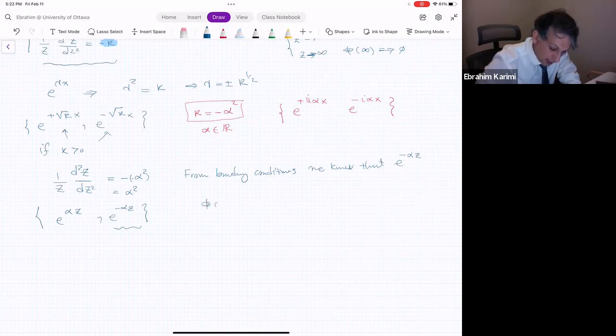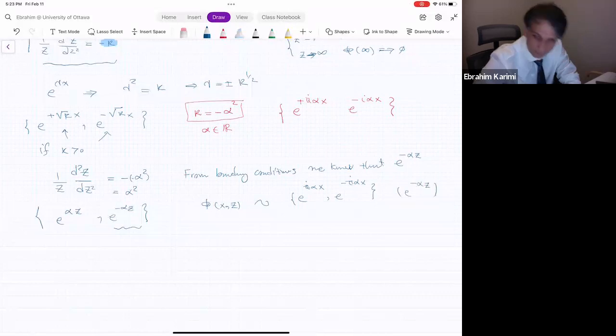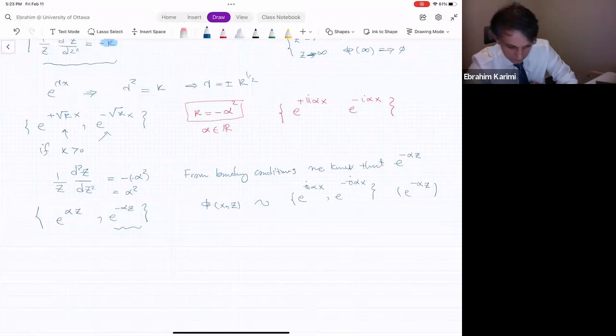So phi of x and z now is given, for the x direction, by e power of i alpha x, e power of minus i alpha x, and for the z direction e power of minus alpha z. It is a product of these, all of those possible cases.